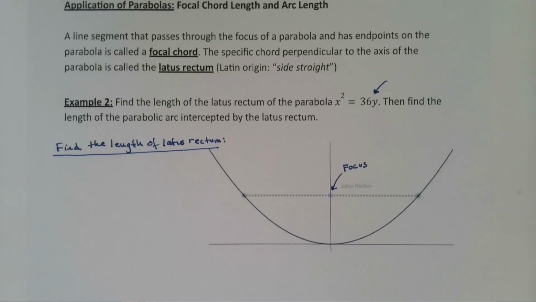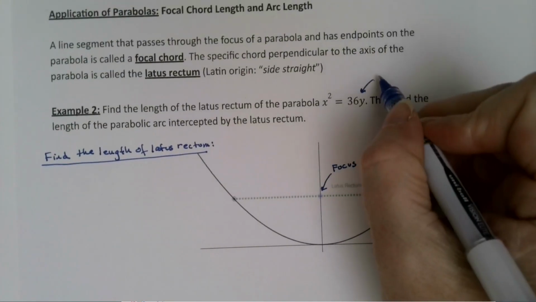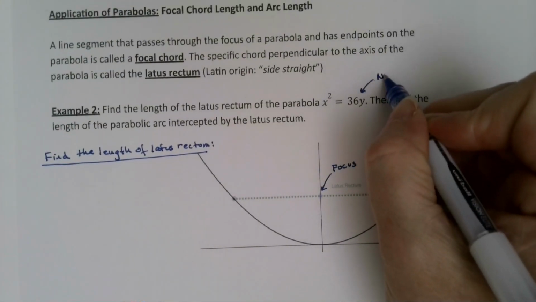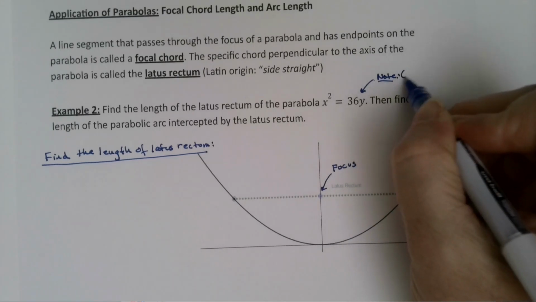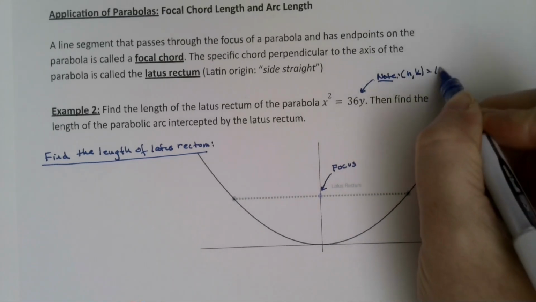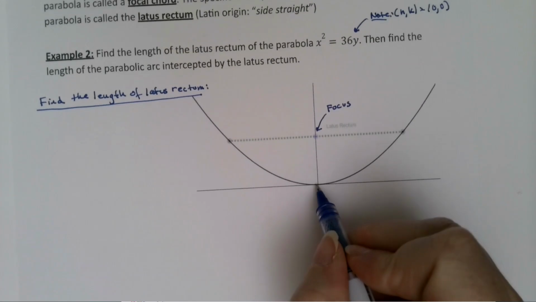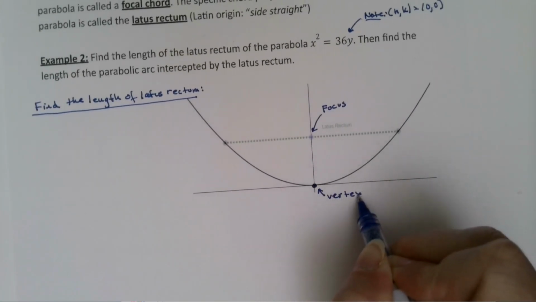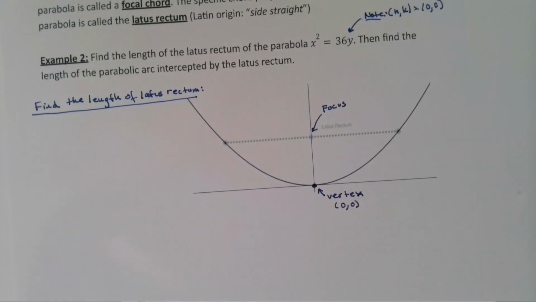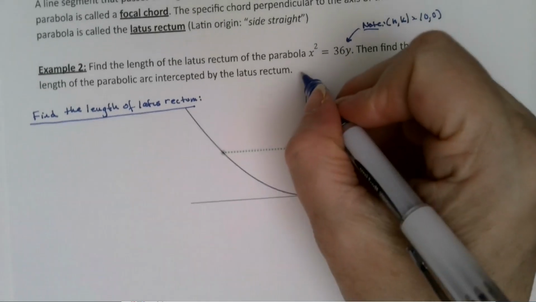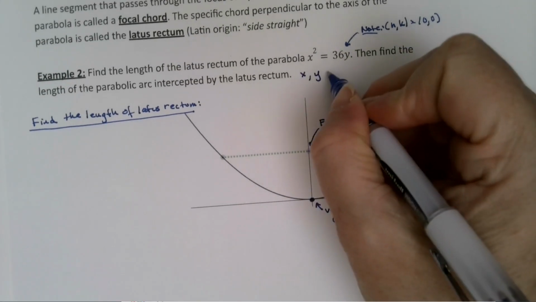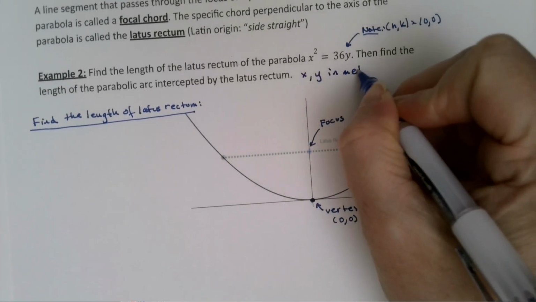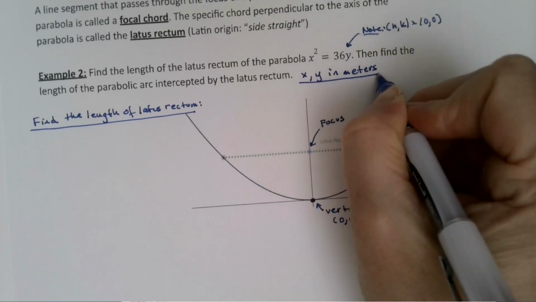Therefore h and k must be 0, 0, and that means the vertex is at the origin. Interesting. Good to know. Oh, and I'm just going to add in here, let's let x and y be in meters. I'll make sure that's there for future.